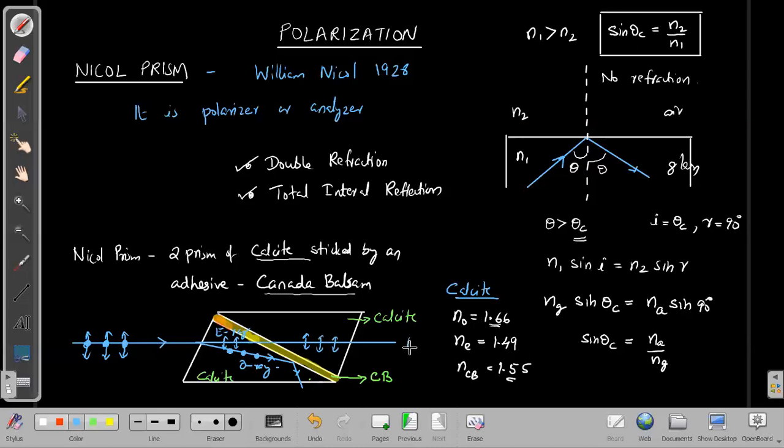So if you are looking from this direction, we will get only the extraordinary ray, which is plane polarized. This is the basic idea of how the Nicol prism acts as a polarizer.